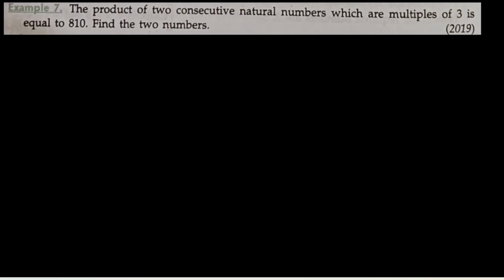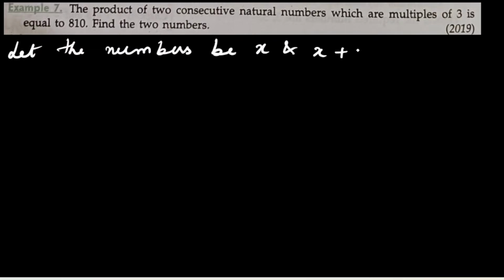So we can assume, let the numbers be x and x plus 3, because these are consecutive natural numbers which are multiples of 3.